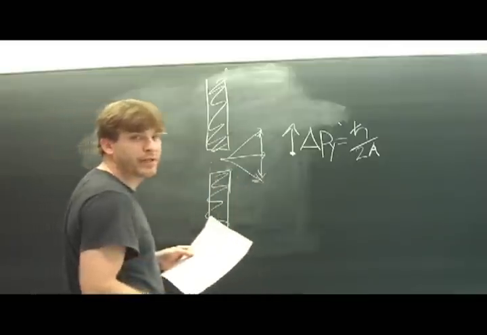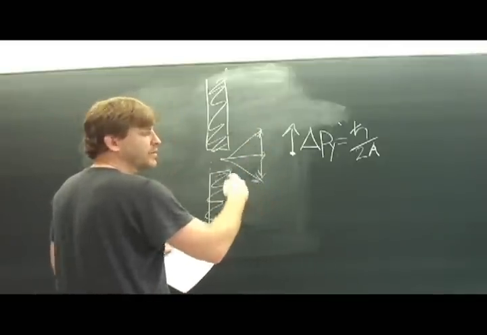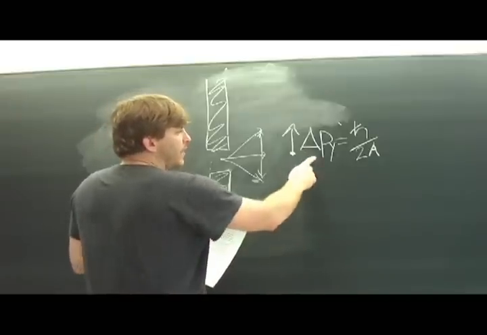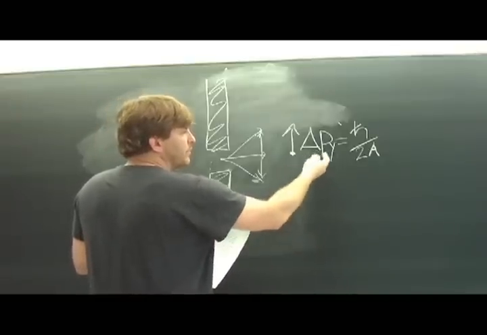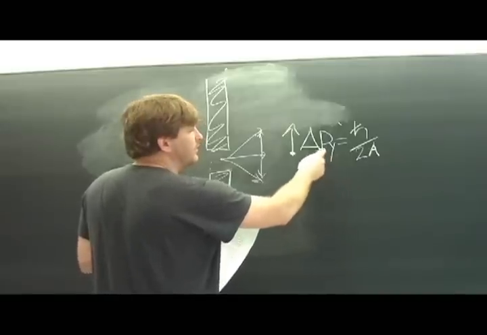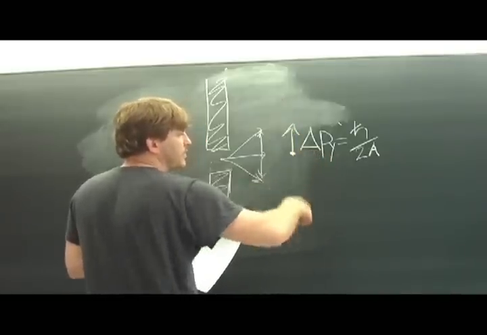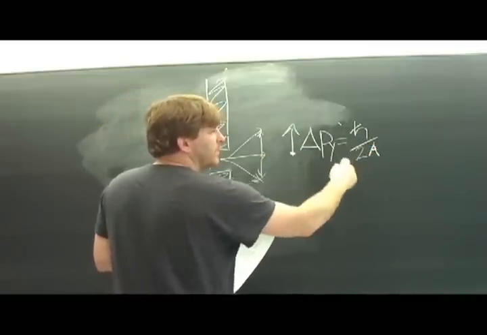So there's going to be an uncertainty in momentum in the y-axis, which creates the diffraction phenomenon. And that uncertainty, which is actually the standard deviation of the uncertainty in your y-axis momentum, is Planck's constant divided by 2a.